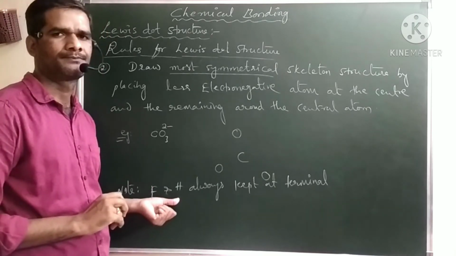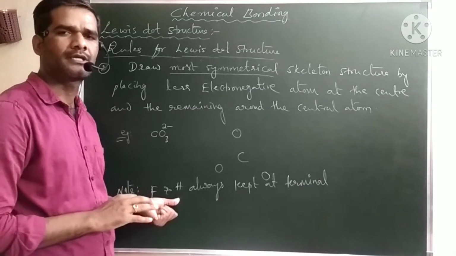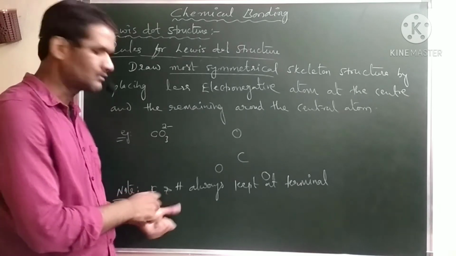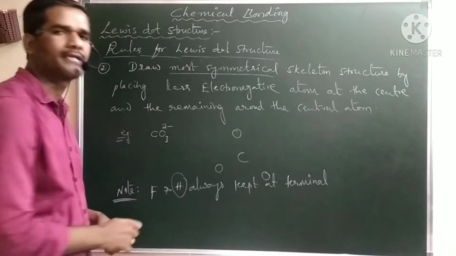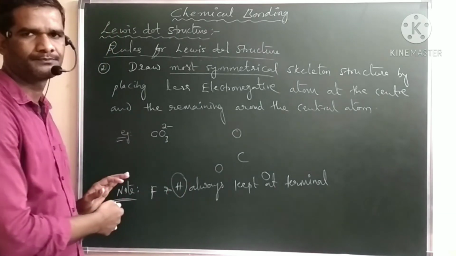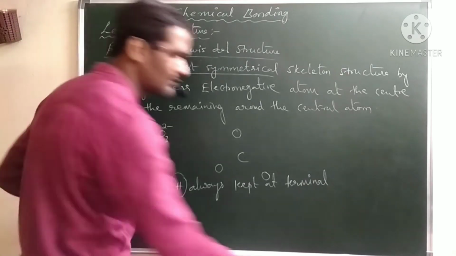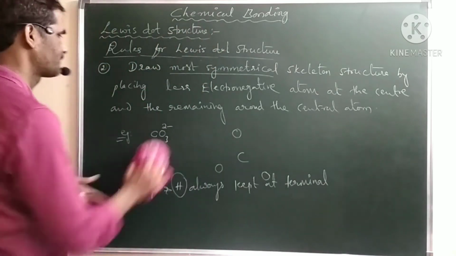Hydrogen, sometimes compared to other elements, has the least electronegativity, but even so hydrogen should not be kept as a central atom. This is one exception in the second rule, for fluorine and hydrogen.